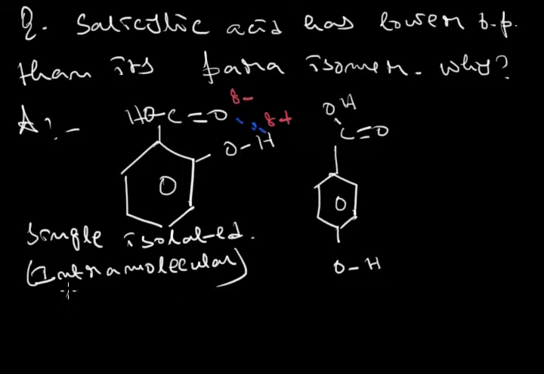But in its para isomer, the two polar groups are away from each other, so they cannot form intramolecular hydrogen bond. Two different molecules are associated with each other like that.